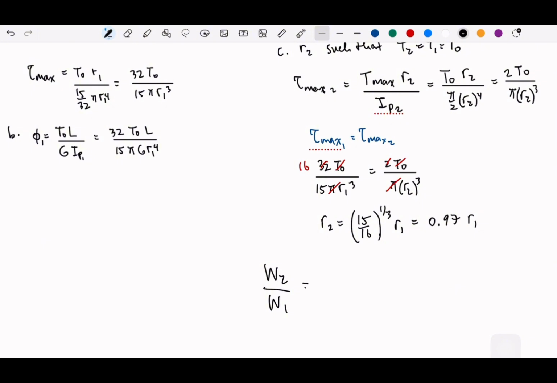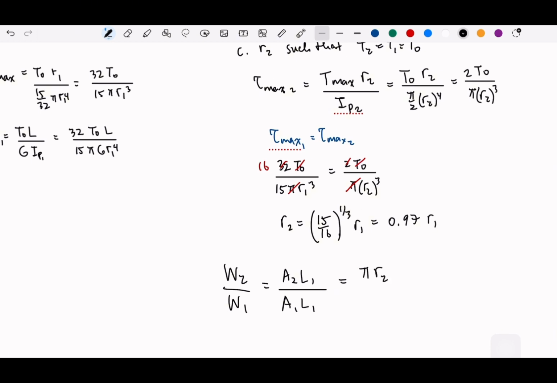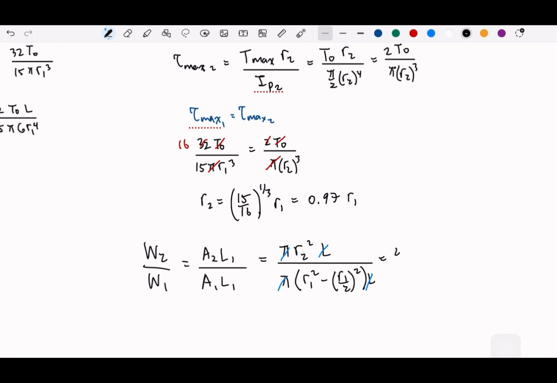Therefore, for the weight ratio between 2 and 1, we can take the ratio of pi R2 squared L, and the circular one, which has a hollow, so we have pi times R1 squared minus R1 over 2 squared, times L. With the same length, we can cancel pi and L, so we get 4 over 3 times R2 over R1 squared, which we get from here.